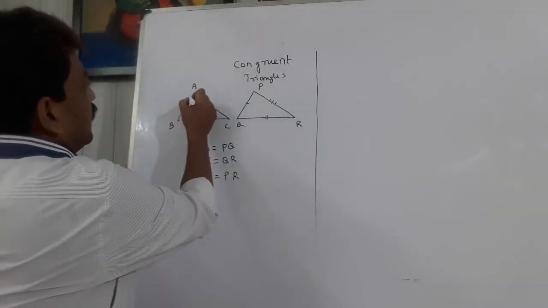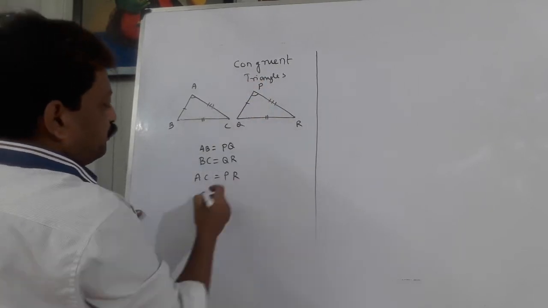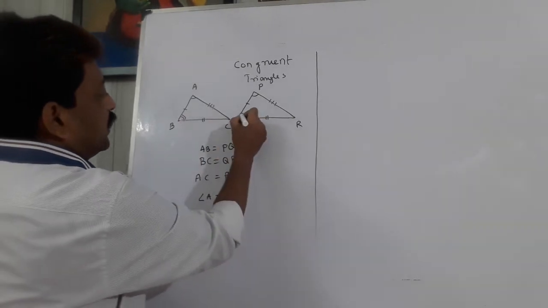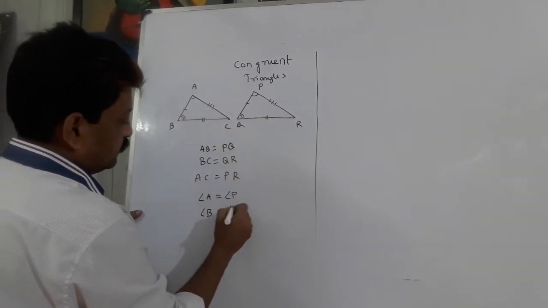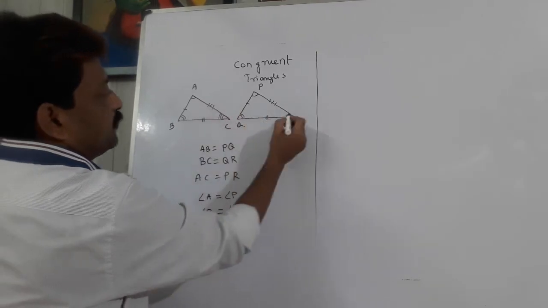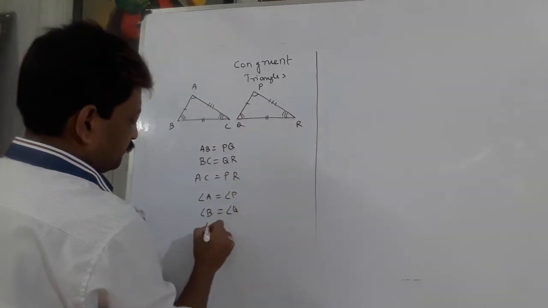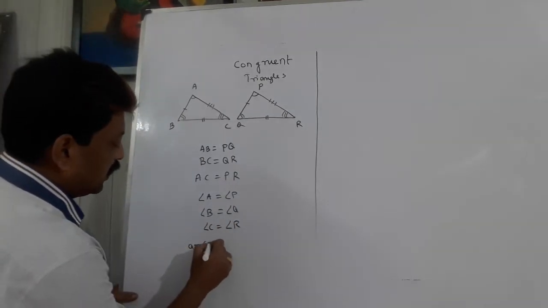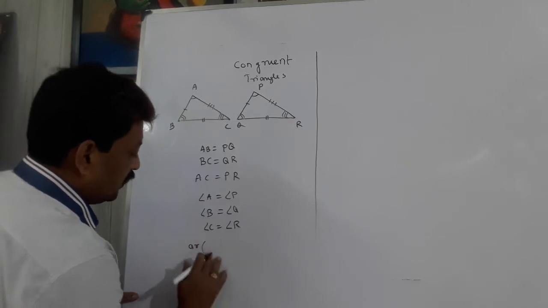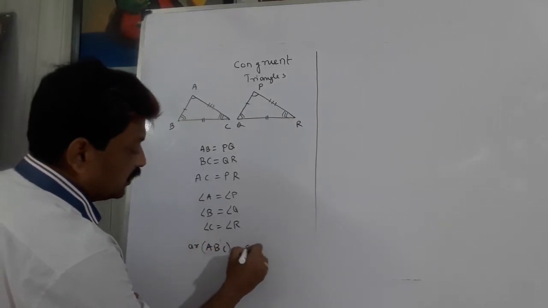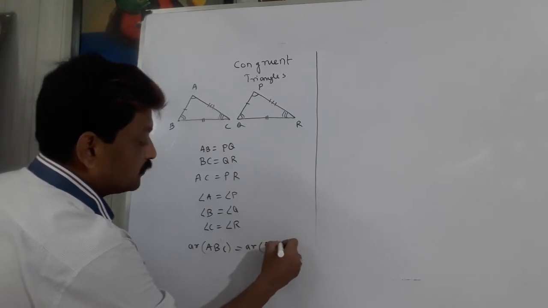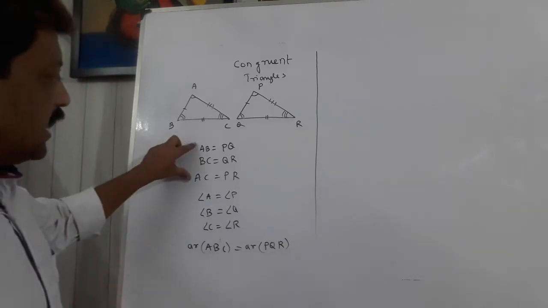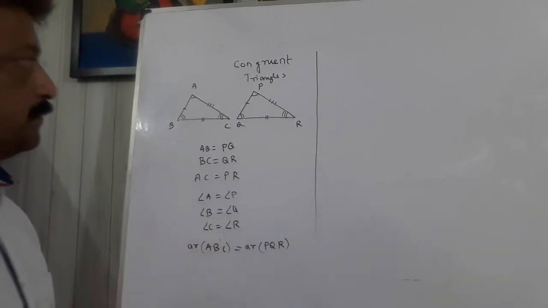Similarly, angle A will be equal to the corresponding angle P, angle B will be equal to angle Q, and angle C becomes equal to angle R. As well as the area of triangle ABC is equal to the area of triangle PQR. So in the case of congruent triangles, we'll find all these things. Sides are equal, angles are equal, areas are equal.